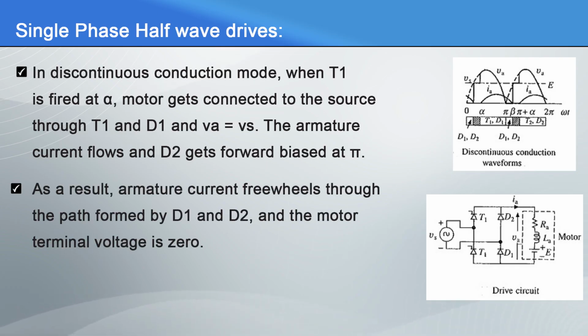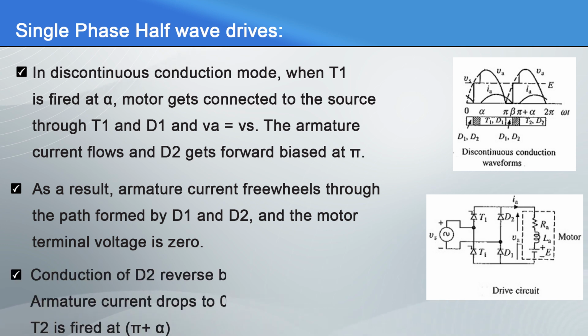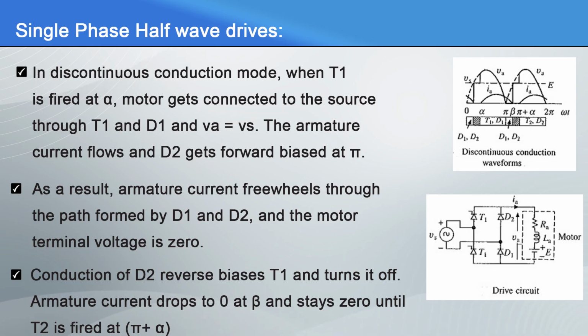As a result, armature current freewheels through the path formed by D1 and D2 diodes, and the motor terminal voltage is 0. Conduction of D2 reverse biases T1 and turns it off. Armature current drops to 0 at beta and stays 0 until T2 is fired at pi plus alpha.